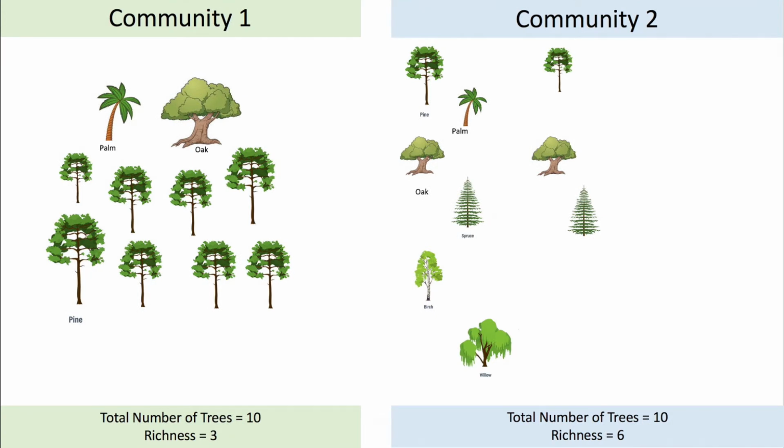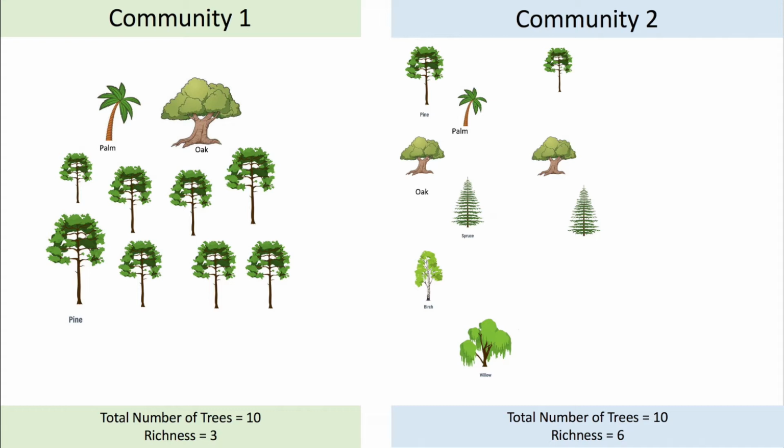So if I took a random subsampling of 10 trees from community number 2, so that the number of trees in community number 2 would match those of community number 1, I just randomly picked out 10 trees from the original 30, what unique trees would I see?